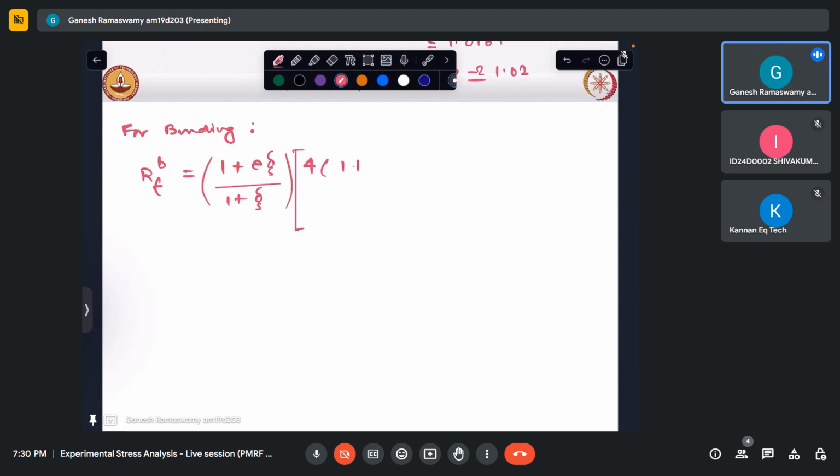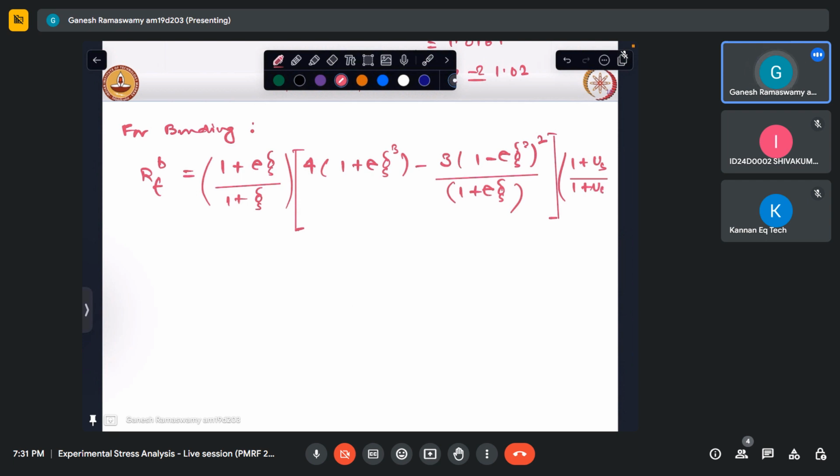But to make this interesting, I suggested that you derive this from first principles and see for yourself whether this comes out correct or not. Once we do that, we'll also get some confidence in how to approach these problems. Here E is defined as the modular ratio, Ec by Es, which in our case is 3.3 by 71.